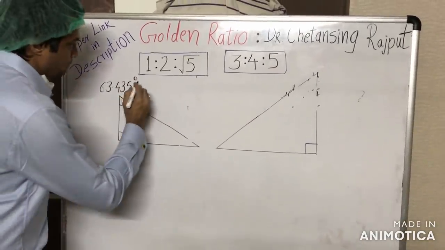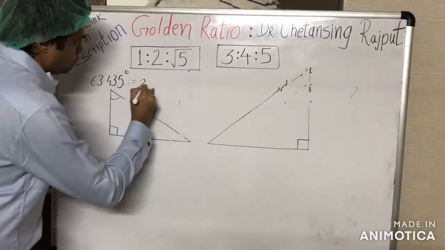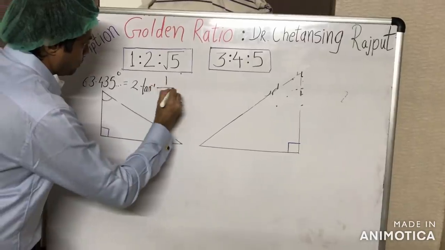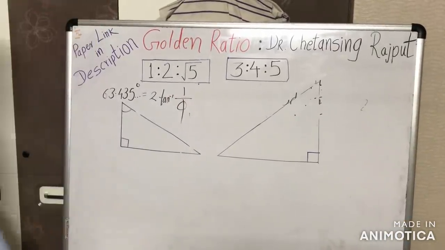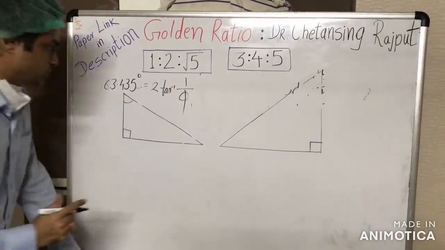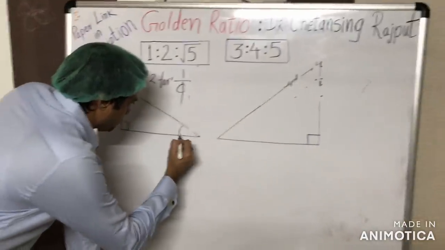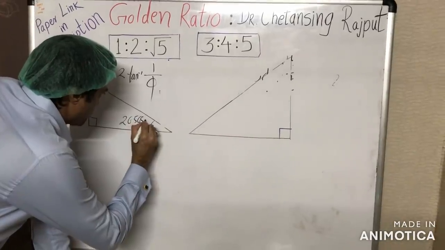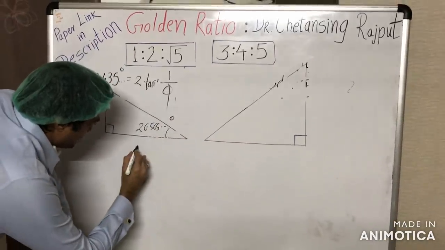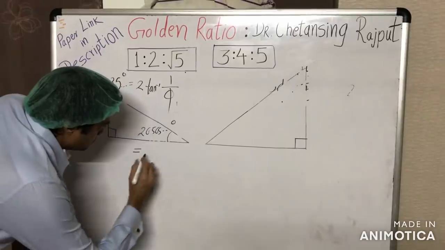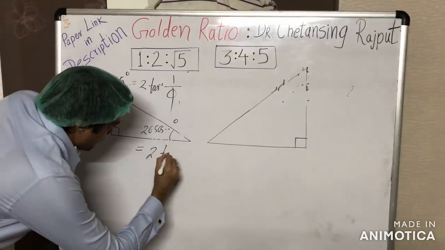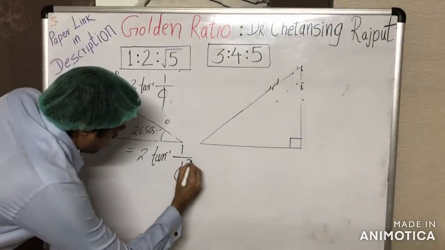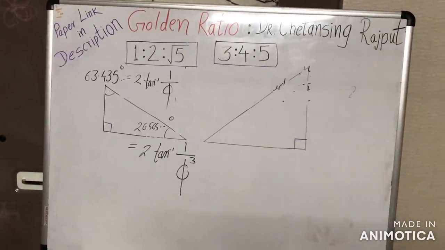This angle is precisely equal to twice the arctan of the inverse of the golden ratio. And we have also seen this angle is 26.565 and so on in degrees. This angle is also precisely equal to twice the arctangent of the inverse of the cube of the golden ratio. Okay.